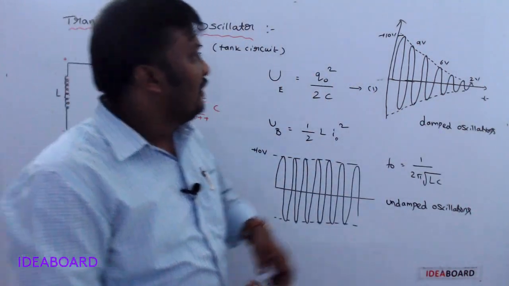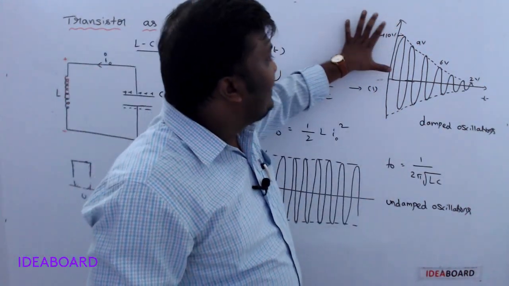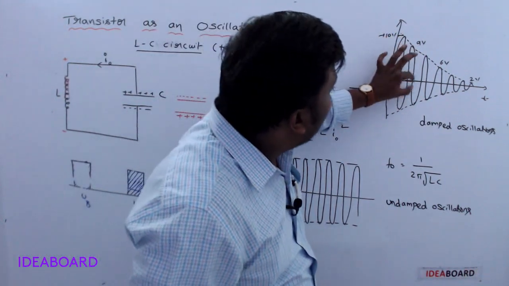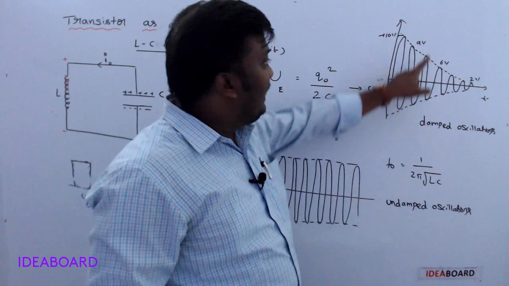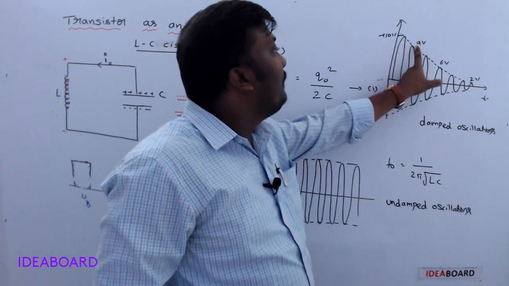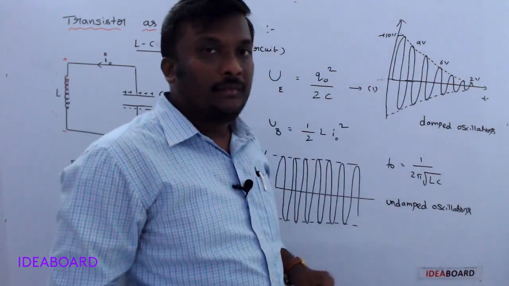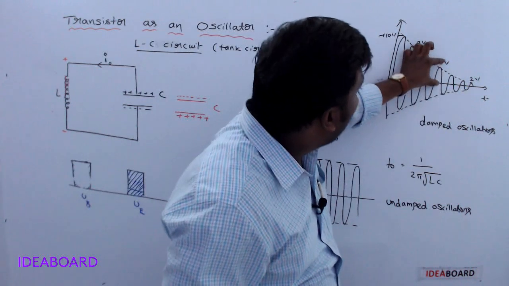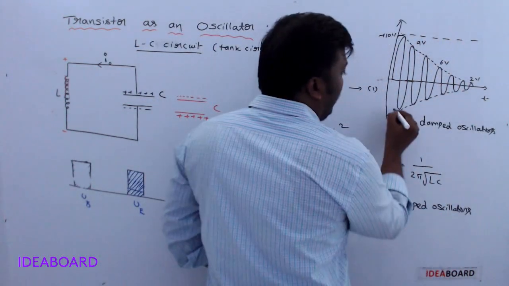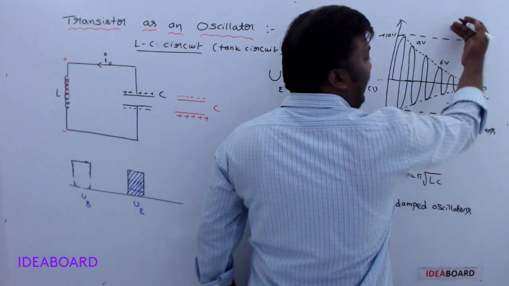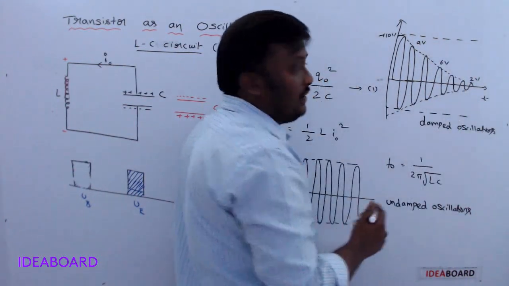So what is your duty? The initial input voltage is 10 volt. Now this wave's amplitude should be increased up to 10 volt. So here at 9 we would like to improve up to 10 volt. Here it is 6, so you would like to increase up to 10 volt in the positive direction and then the negative direction.